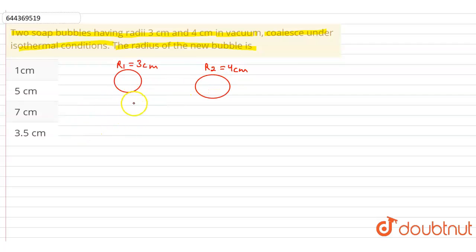So now the important thing is there is excess pressure inside this bubble, which is equal to, let me write here, P1 is equal to 4T by R1, where T is surface tension.